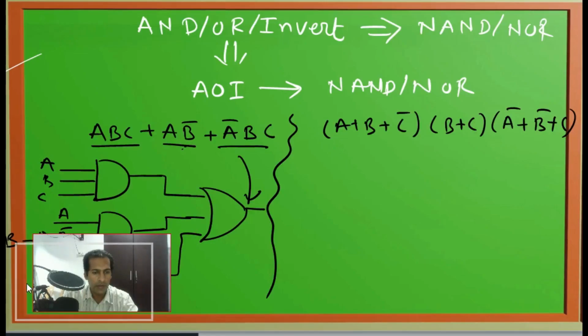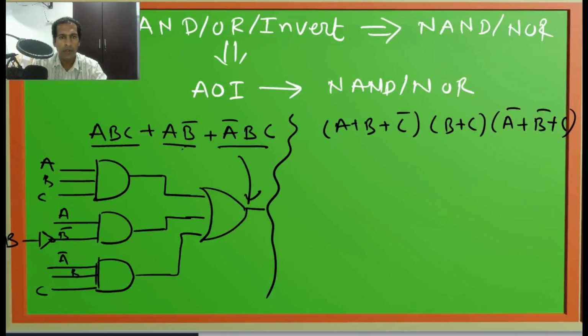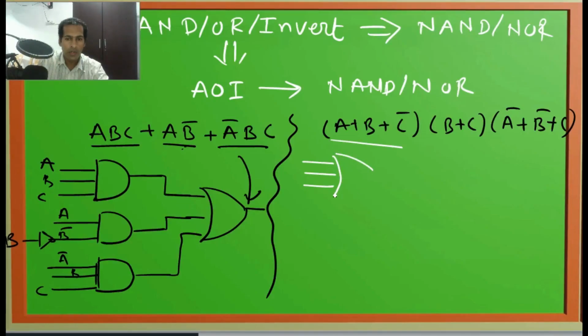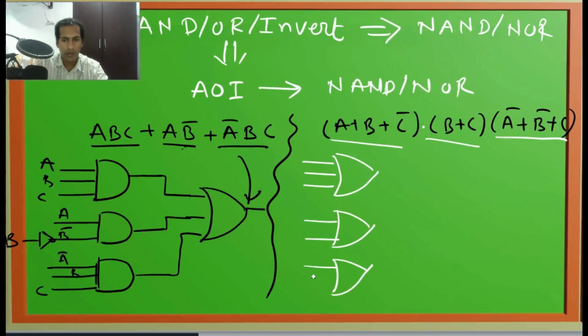For the first, A plus B plus C bar, we give inputs A, B and C bar to an OR gate. Then B plus C goes to another OR gate, and A bar, B bar and C go to a third OR gate.